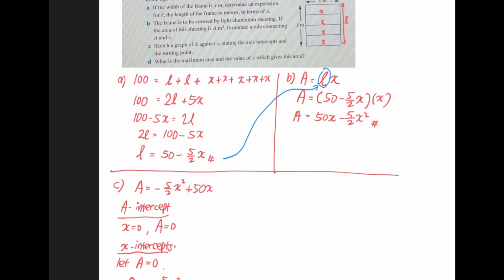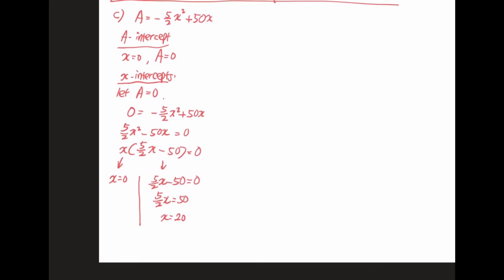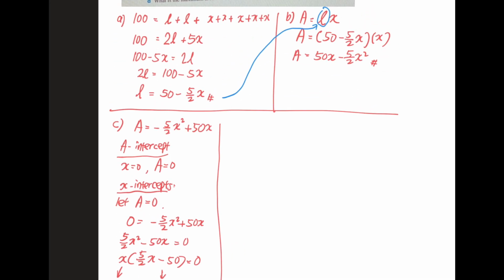Now the turning point. For the turning point we need to do completing the square. So A equals minus 5 over 2 x squared plus 50x. To do completing the square, you have to make sure the coefficient of x squared is factorized.